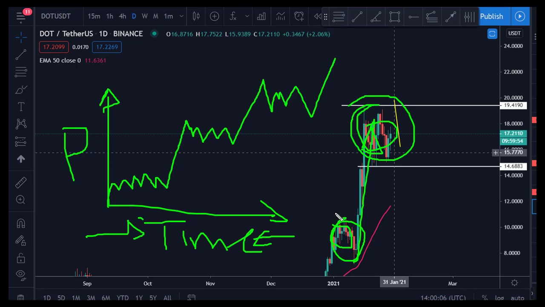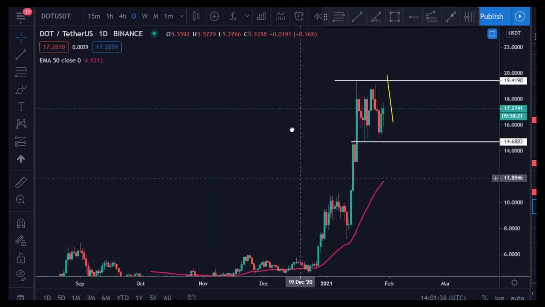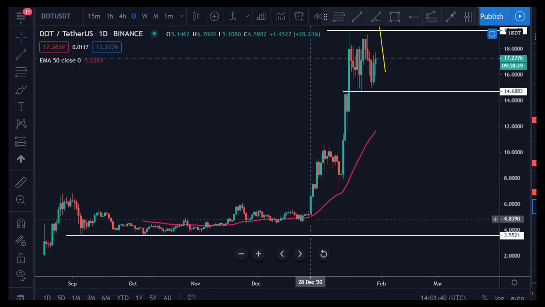This is where the transaction occurs. The transaction for this bull run happened here. The transaction for this happened here.